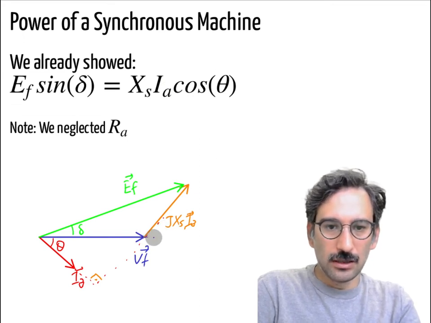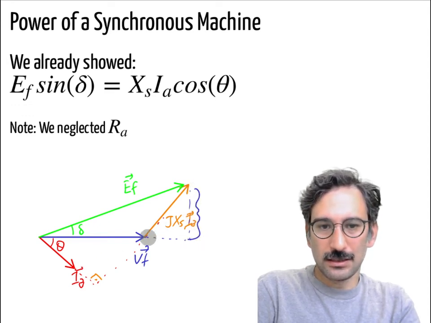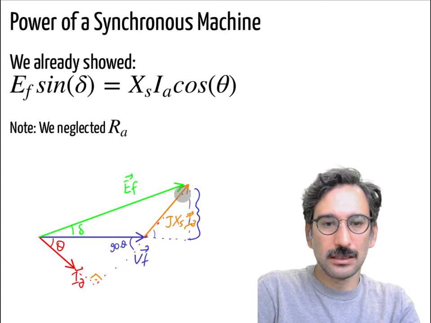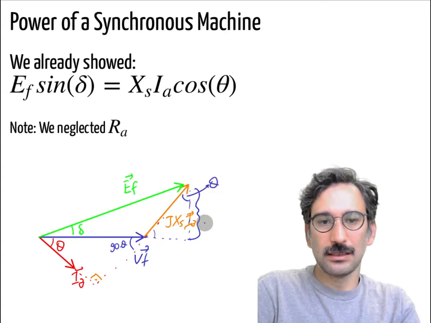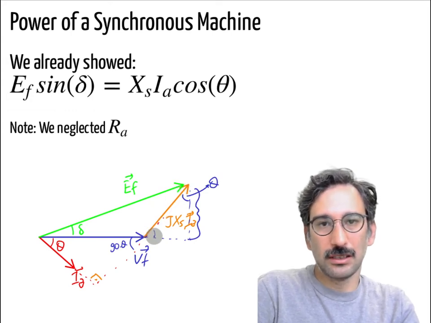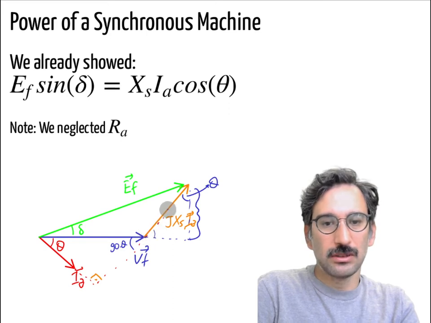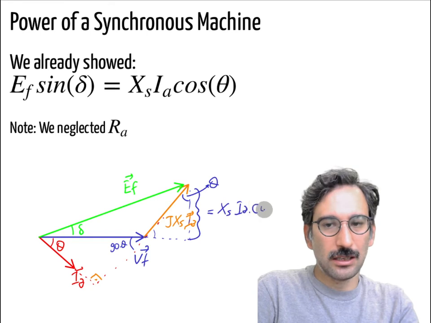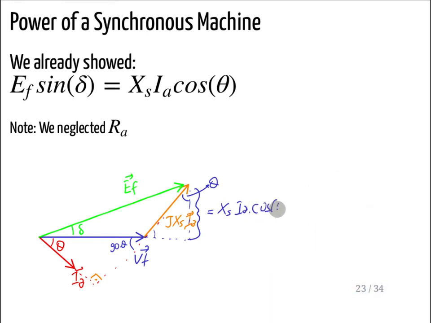Let's do it again. The idea is simple. If this is theta, then this is 90 minus theta, and that angle is theta. I'm talking geometrically, not about phasors or vectors. The length of that one is XS times IA, so that distance is equal to XS times IA times cos theta.